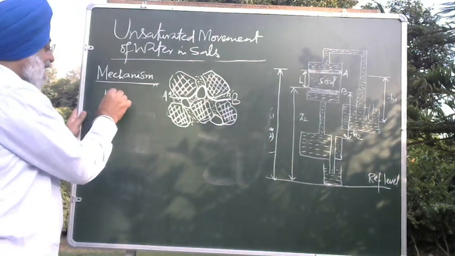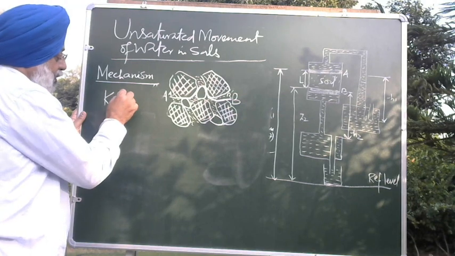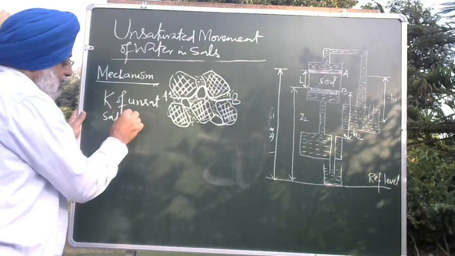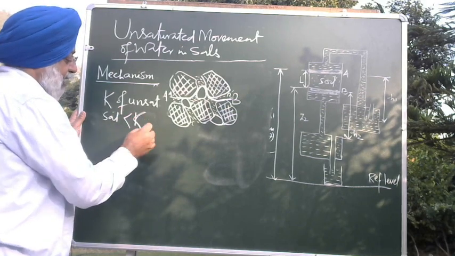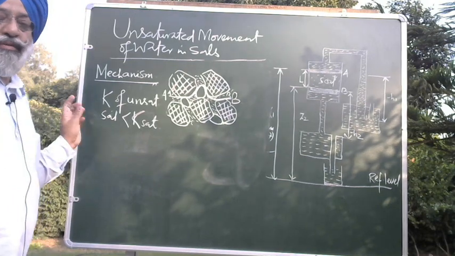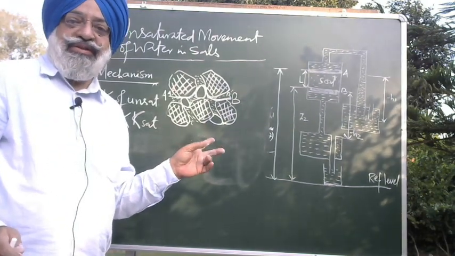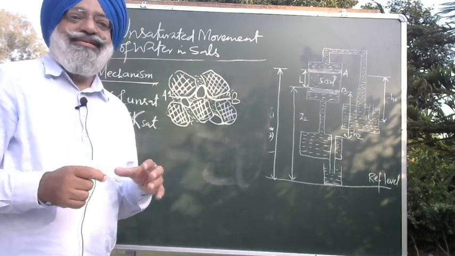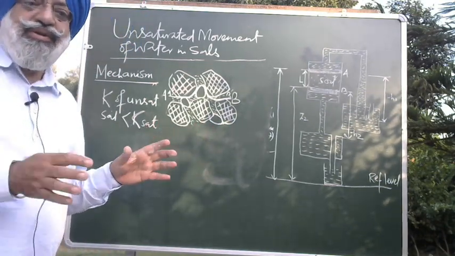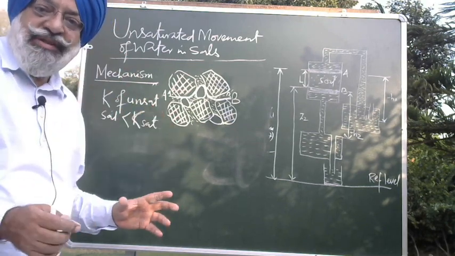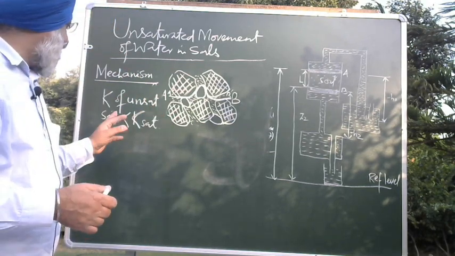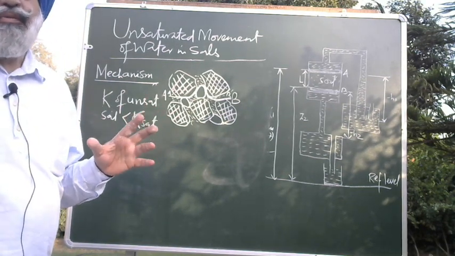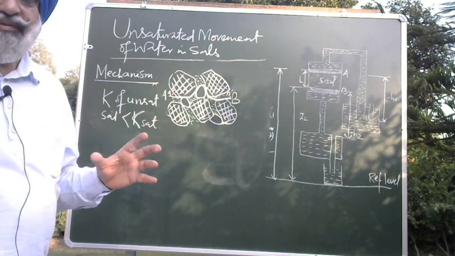The second thing is K, the hydraulic conductivity of unsaturated soil, is always smaller than K sat, because of two reasons. One is tortuosity of the soil. Second, when all the pores are filled with water, there is a continuous column. That's why the tortuosity is less, and that's why the hydraulic conductivity is at its maximum value.